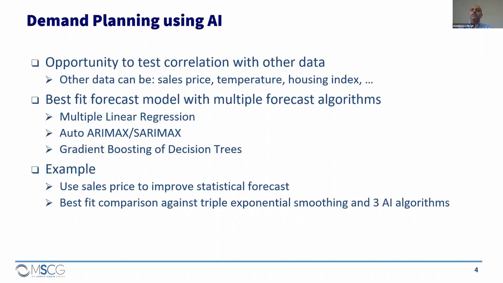So here we'll be using the same input in our example, sales price, for example. You can also have other parameters like weather forecast or temperature or housing index as part of this input to these AI algorithms. And in this video, we'll try to focus on gradient boosting of decision trees.